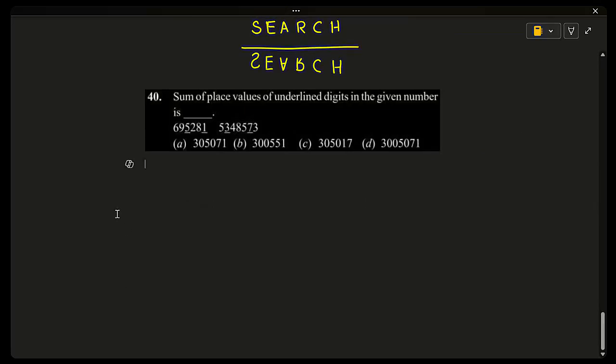So all the digits you have to take. 5 place value is 5,000 and 1 place value is 1, and here 3 place value is, I think, 3 lakhs. Next 70. So if you add all of them, you'll be getting 170,503. So that is there in option A only.